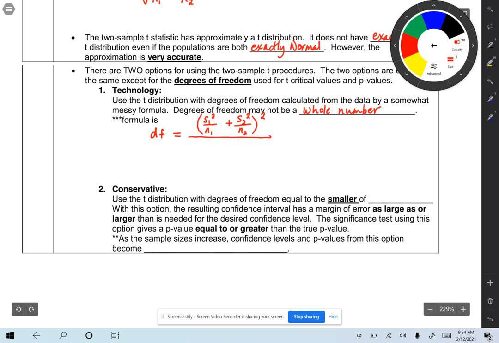That's the numerator, all over 1 over the sample size of 1 minus 1 times S1 squared over N1, squared, and so on. It's obviously ugly, and you don't even have to really write this down. But I just wanted to show you if you ever end up taking another statistics class in the future.